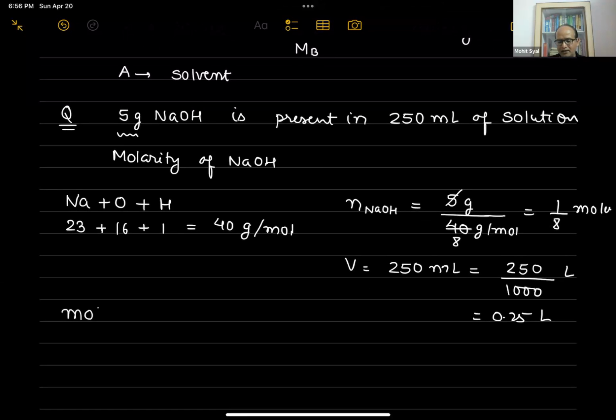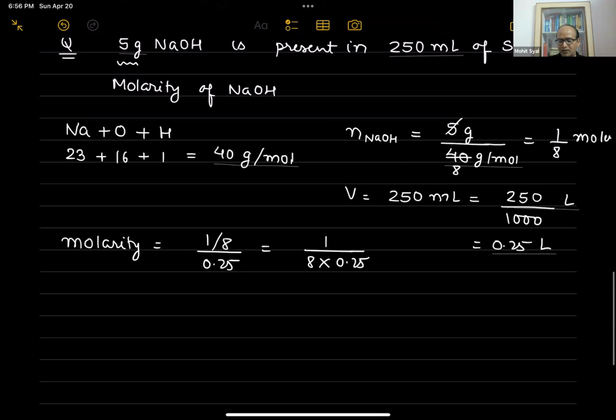So molarity is, what is the value of molarity? Can you tell me now? 1 by 8 upon 0.25. Let's divide it.